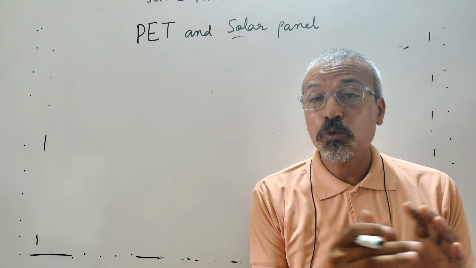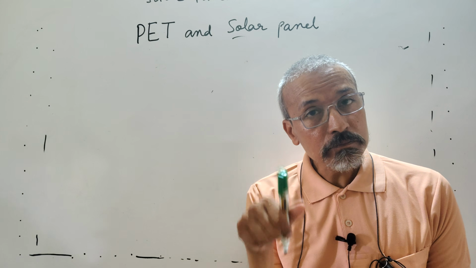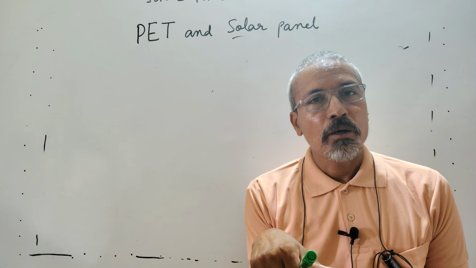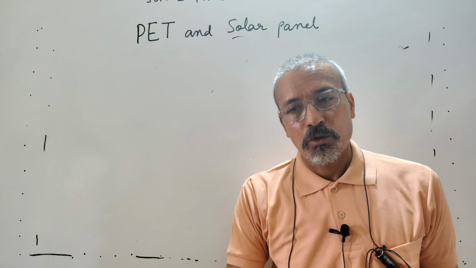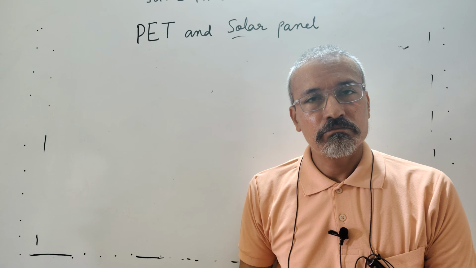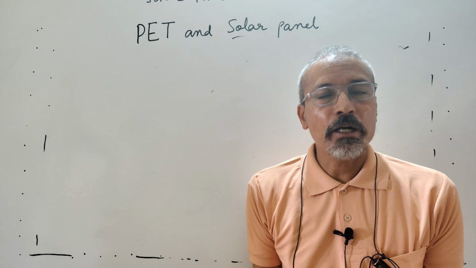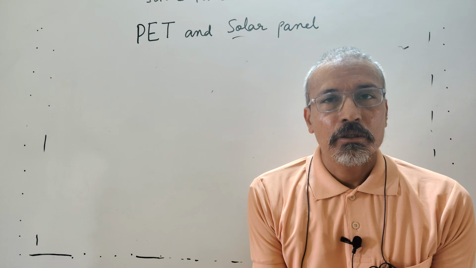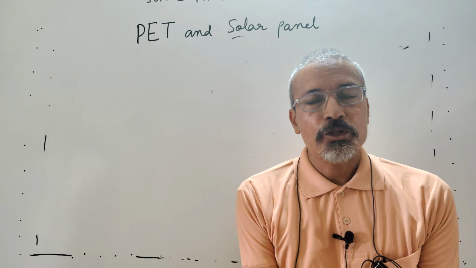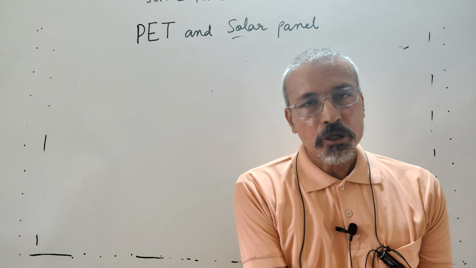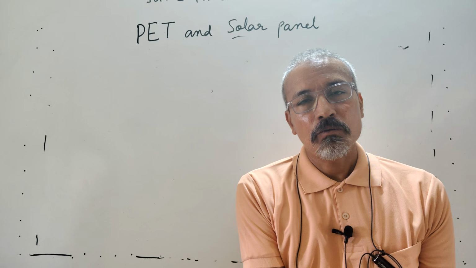But silicon is a poor conductor of electricity. But we want to transmit the electricity from the solar panel, and we say that we would use a material which is poorly conductive for electricity.